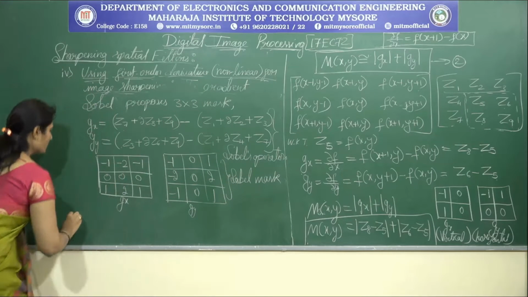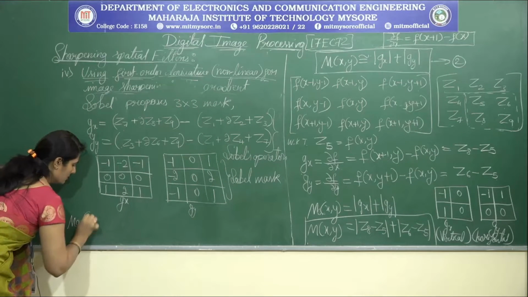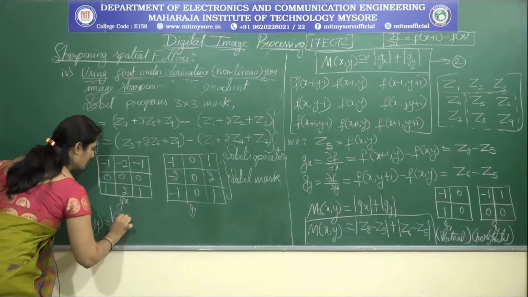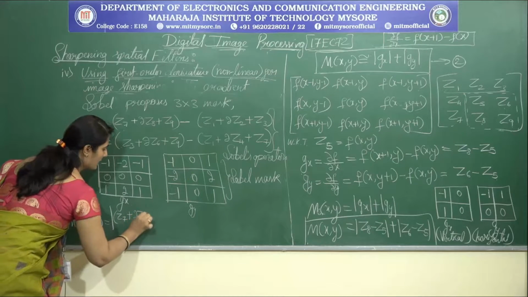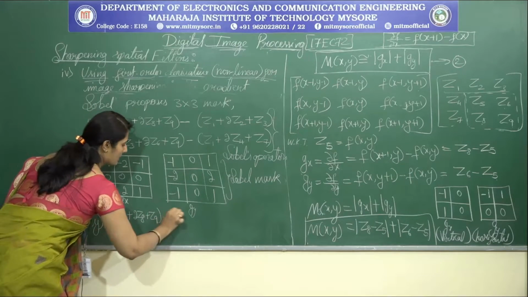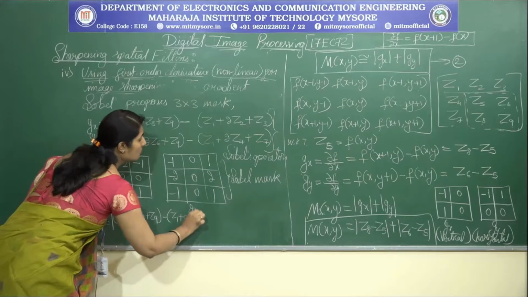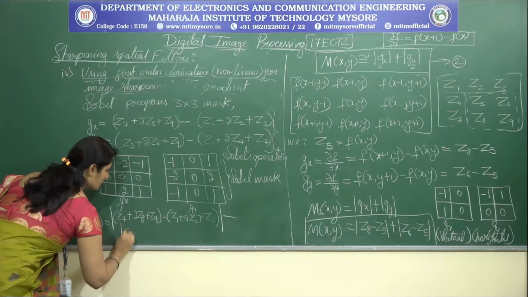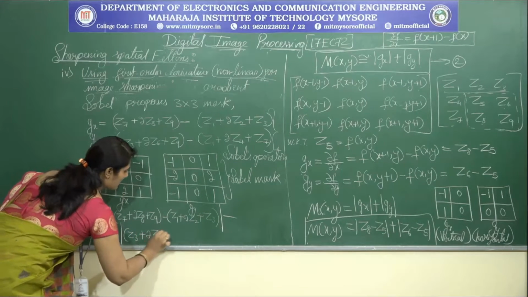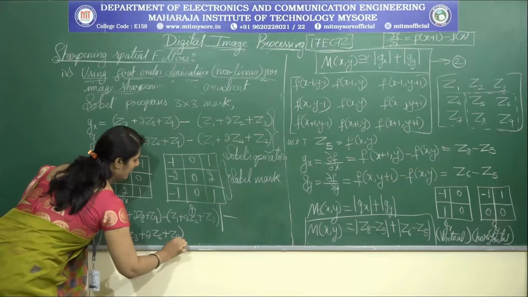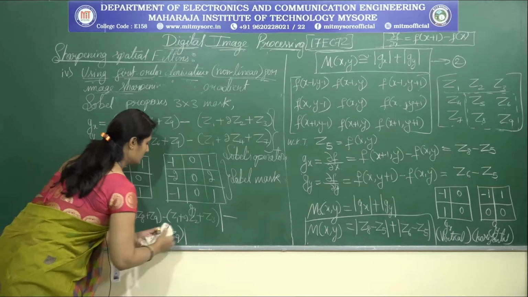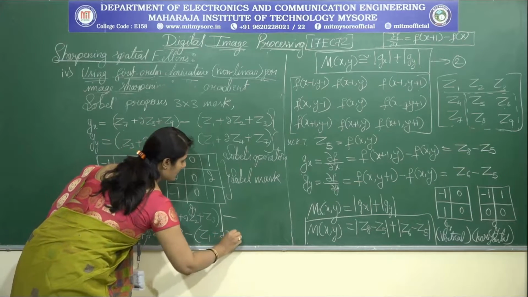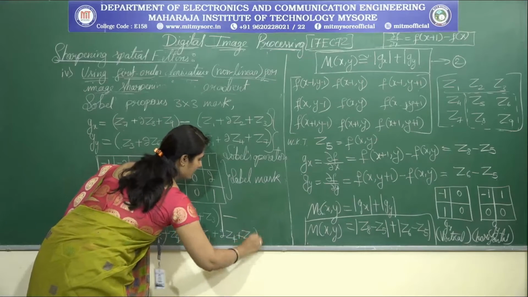Okay. So the magnitude of this can be obtained by z7 plus 2 times z8 plus z9 minus z1 plus 2 times z2 plus z3, plus the magnitude of z3 plus 2 times z6 plus z9 minus z1 plus 2 times z4 plus z7.